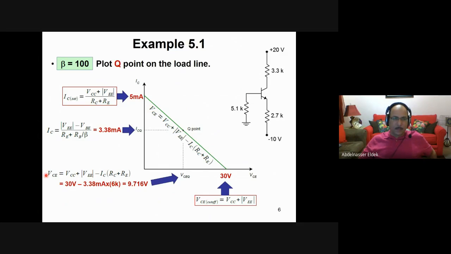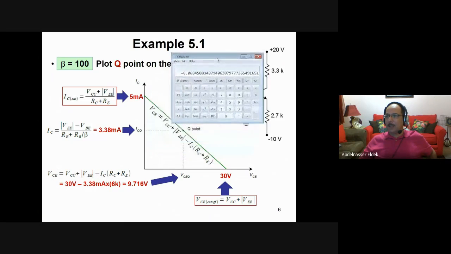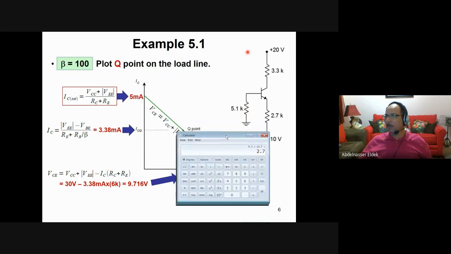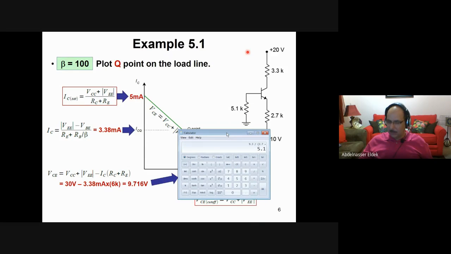Let us see. We use a calculator. And of course, the load line will be the same. There's no difference, 5 milliampere and 30 volt, because this is not a function of beta. IC equals 10 volt VE minus 0.7, 9.3, divided by open bracket, RE, which is 2.7 K, plus RB, which is 5.1 divided by beta, which is 200.